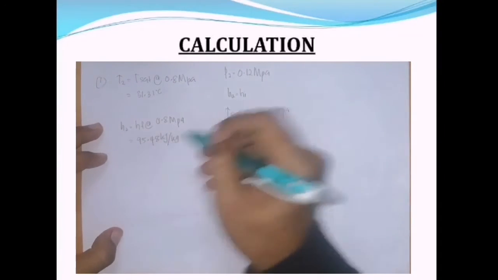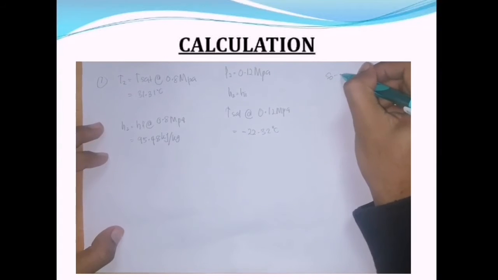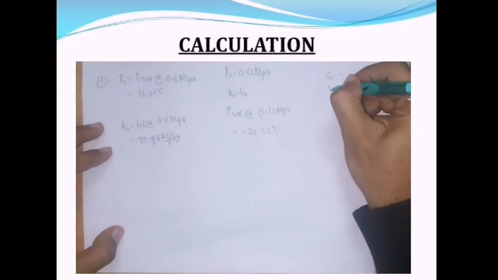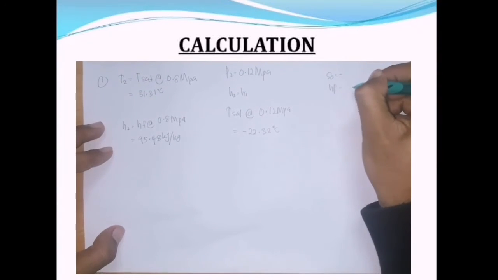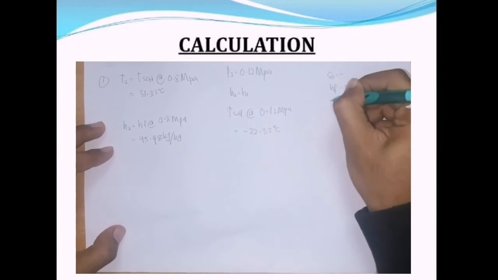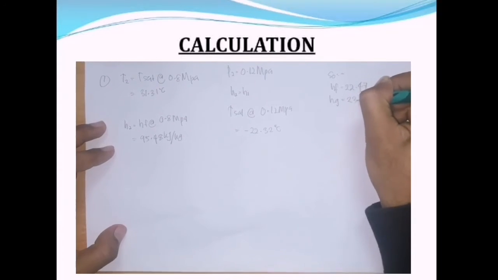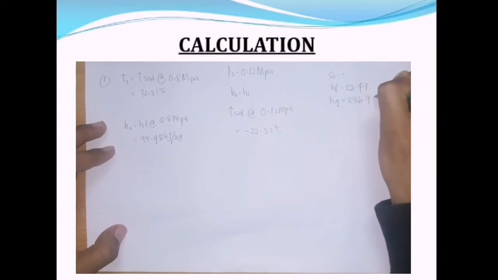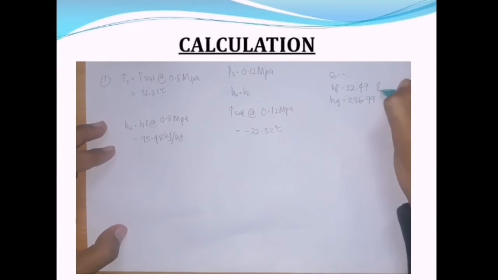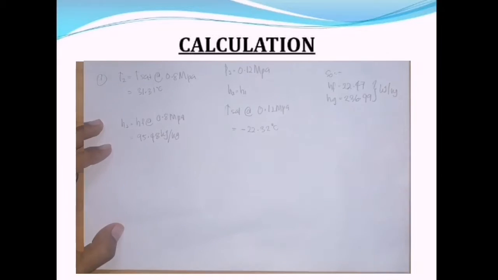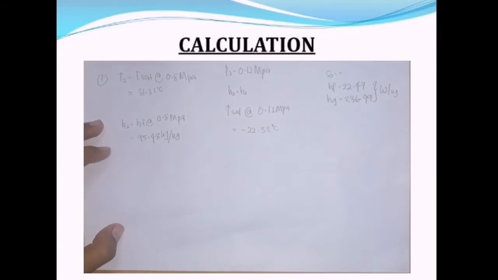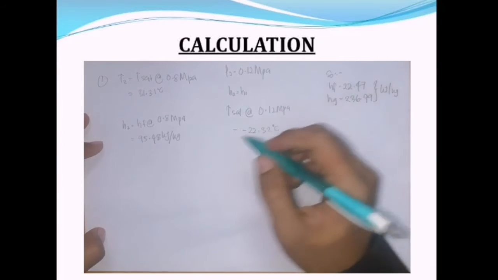So for hf equal to 22.47, for hg 236.99. Both of these are kilojoule per kg. These values we got from the table.